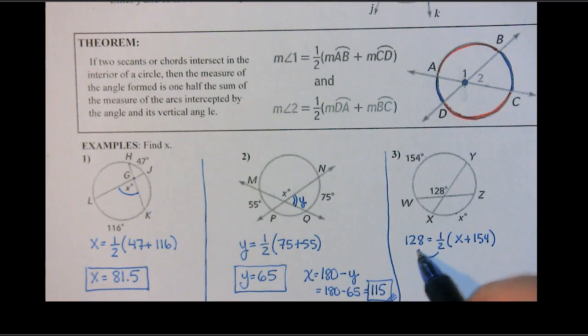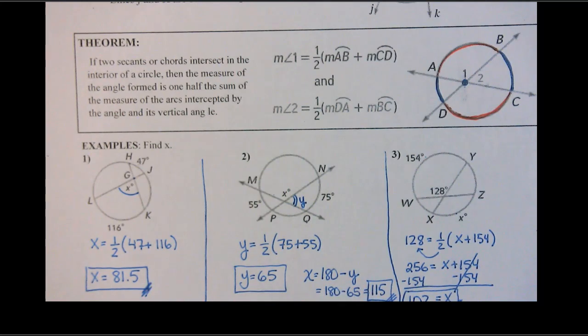First thing I'm going to do is send that 1/2 to the other side, so this becomes 256 equals X plus 154. Then we subtract 154 from both sides, and we get X equals 256 minus 154, which is 102. So there we go. We have an answer for this problem right here.